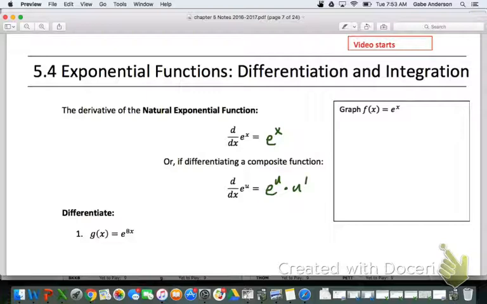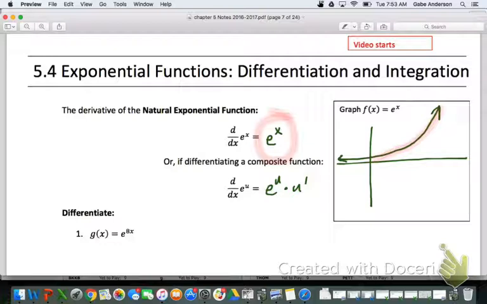Recalling the graph of e to the x could be helpful in understanding how this works. The graph is an exponential curve that increases steadily from left to right, and as you go further to the right, the curve continues to steepen. So the bigger the x value, the bigger the value of the slope, and that fits with e to the x.